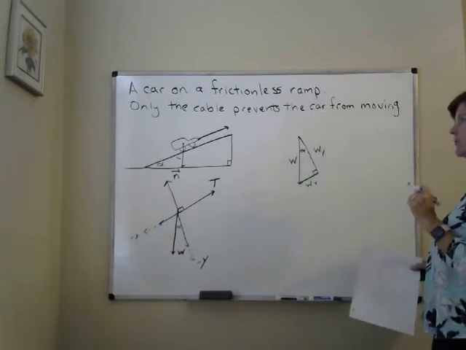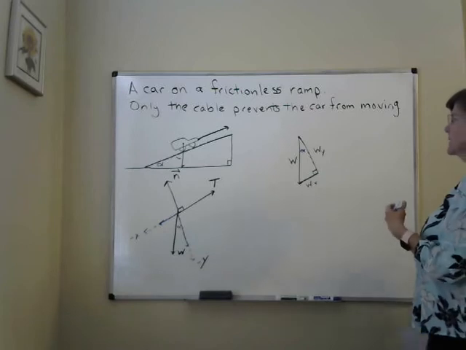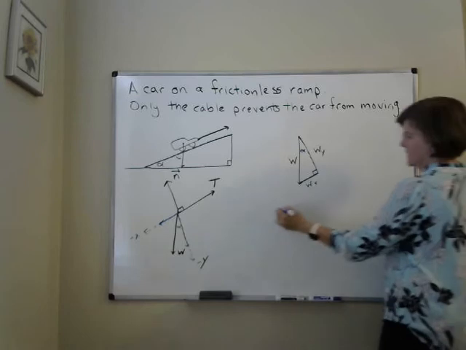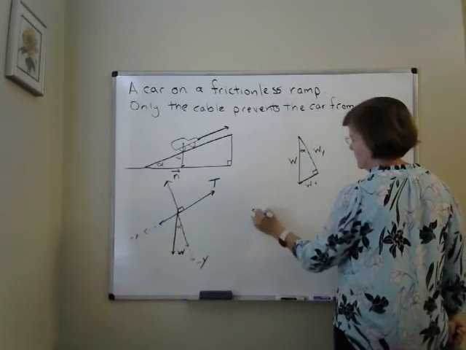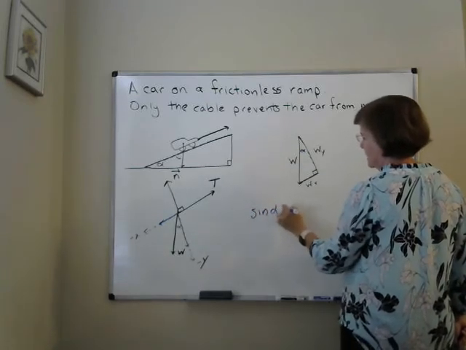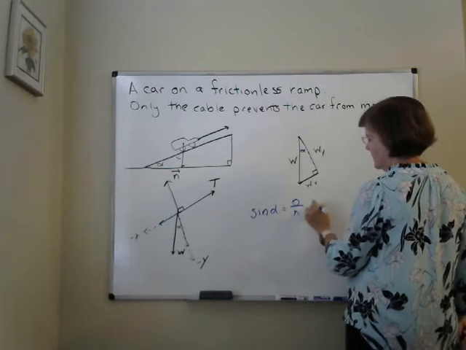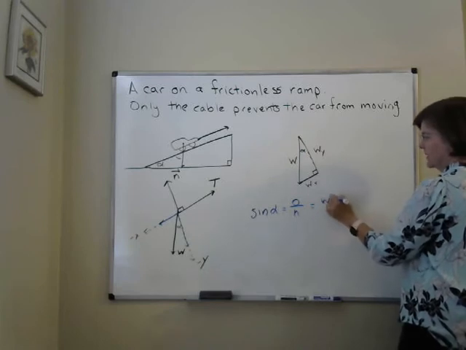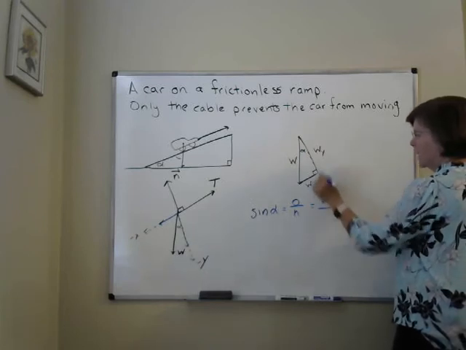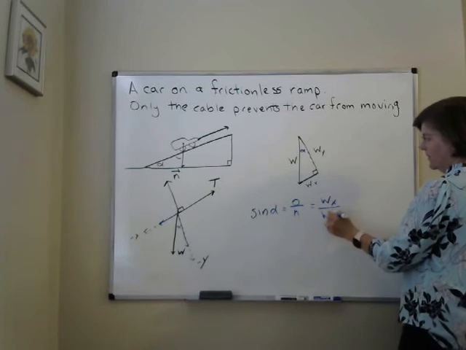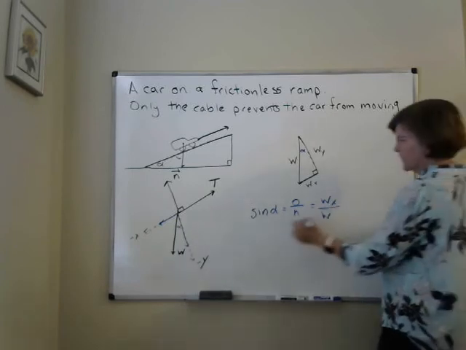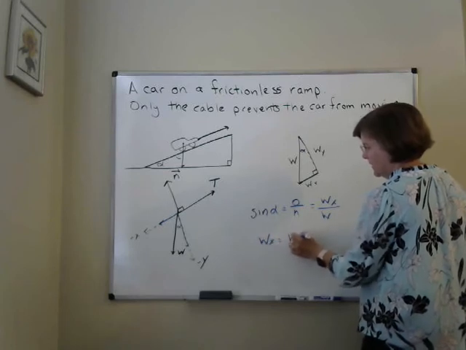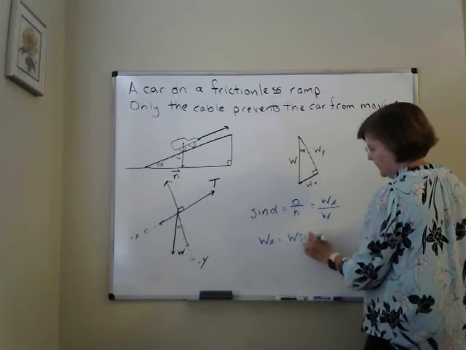Let's go back to our trig identities. Let's start with sine. We know that sine alpha equals opposite over hypotenuse. In this case, opposite is WX. The hypotenuse, of course, is W. If I solve for WX, I get that WX is W sine alpha.